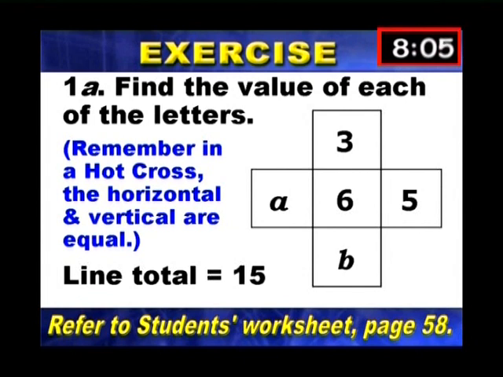6 plus 5, 11 plus A is equal to 15. Okay, so 3 plus 6 plus B, 9 plus B is equal to 15. 15 minus 9 isn't 4.